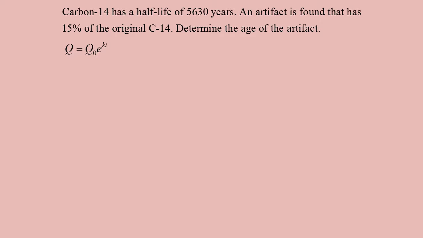So we're going to use the equation that we just derived from the differential equation to answer a typical question about the half-life. So if carbon-14 has a half-life of 5,630 years, that means the quantity at the end is half of the quantity at the beginning.